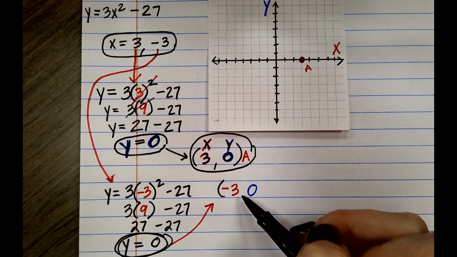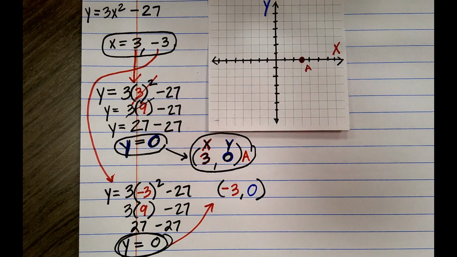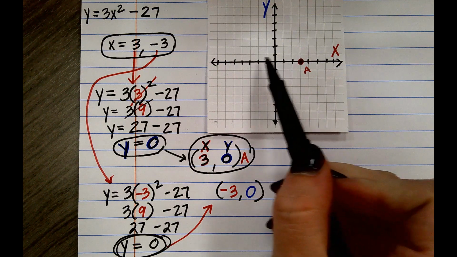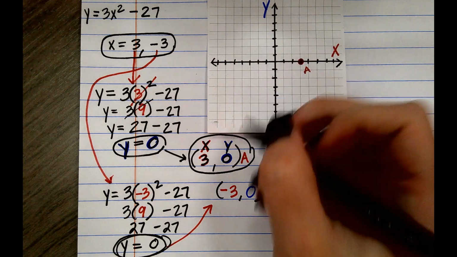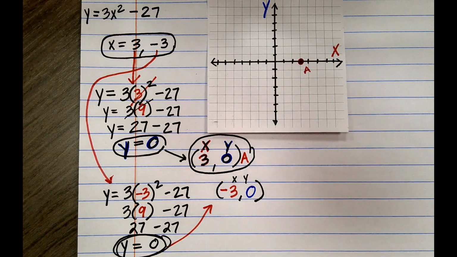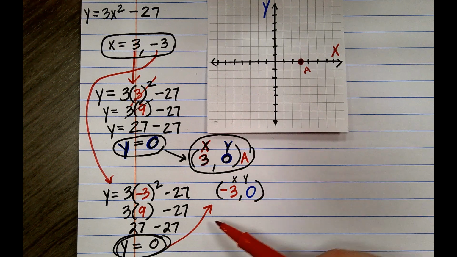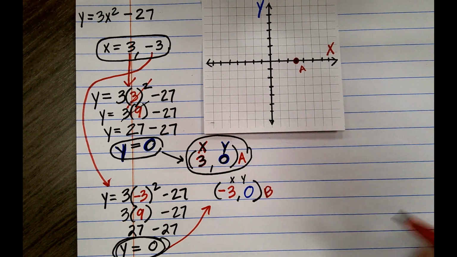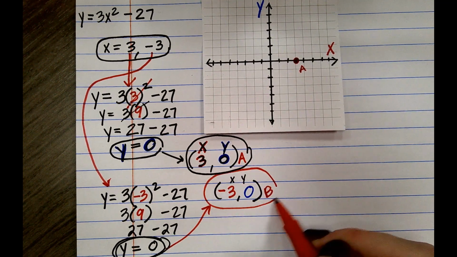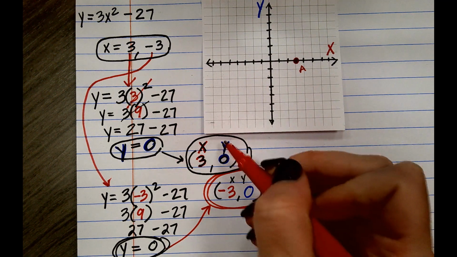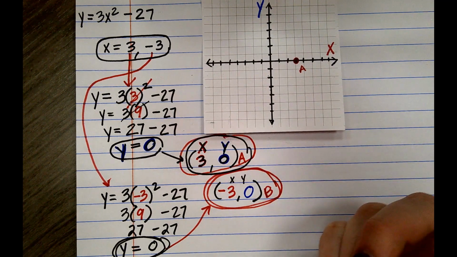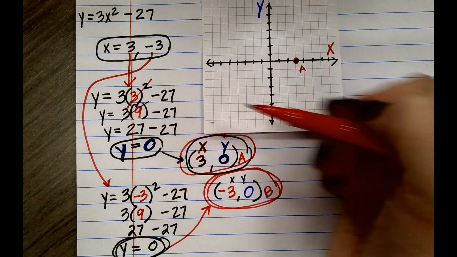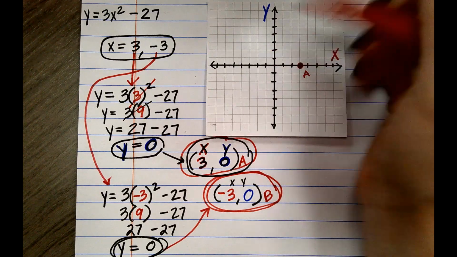So we're just marking a negative 3 on the x-axis. Remember how with the quadratic equation, we're always solving for x? I'll call this point B. You're solving, and you don't even realize it, you're finding your x-intercepts, where the graph crosses the x-axis.